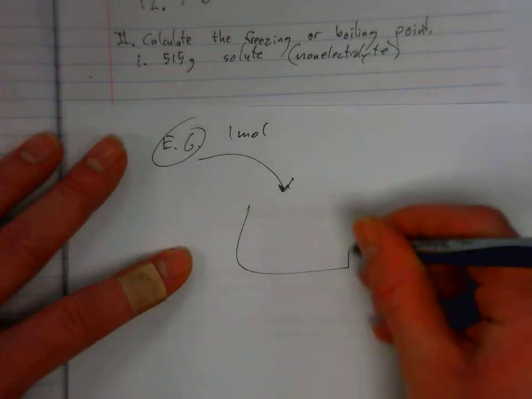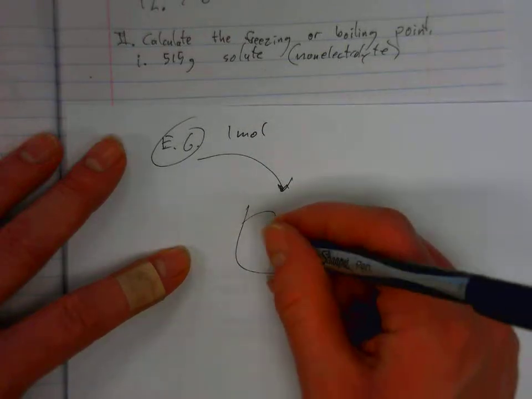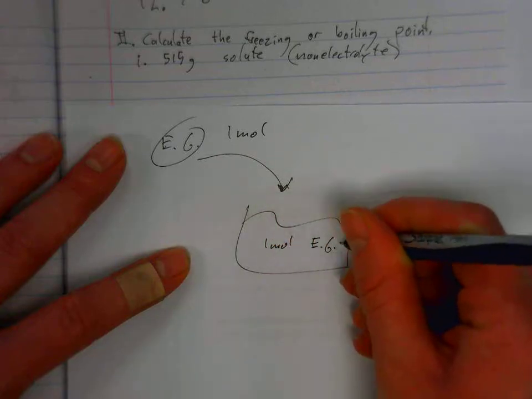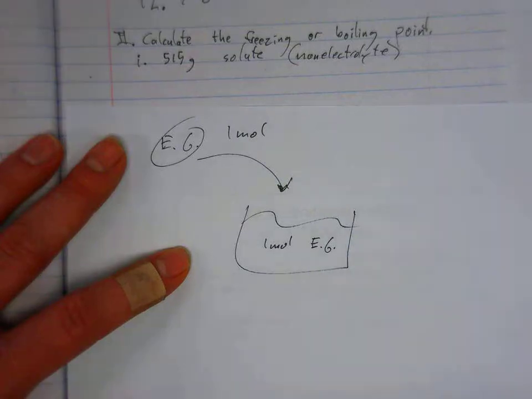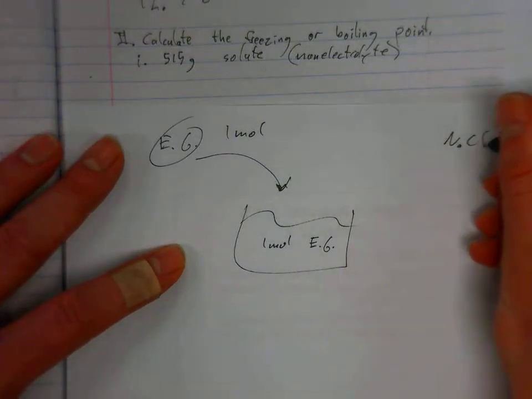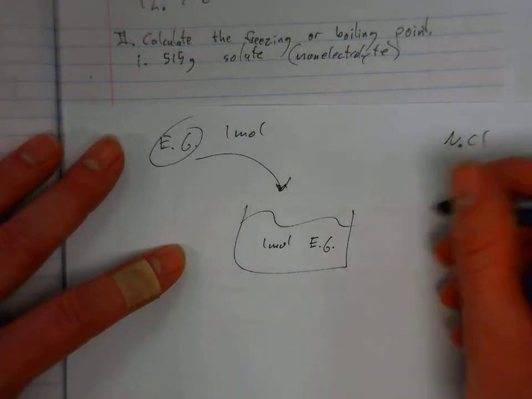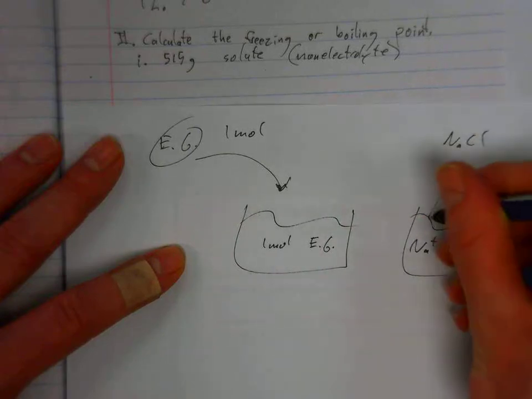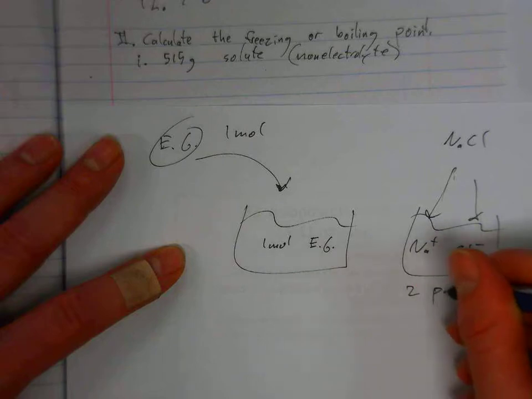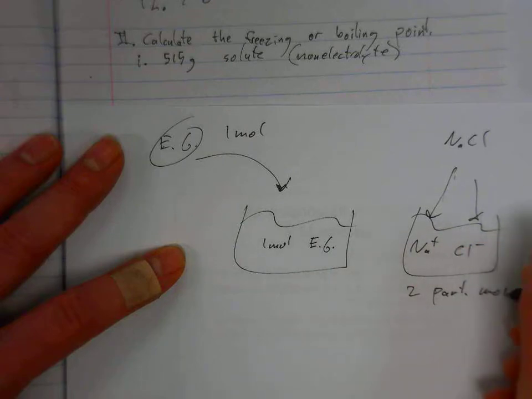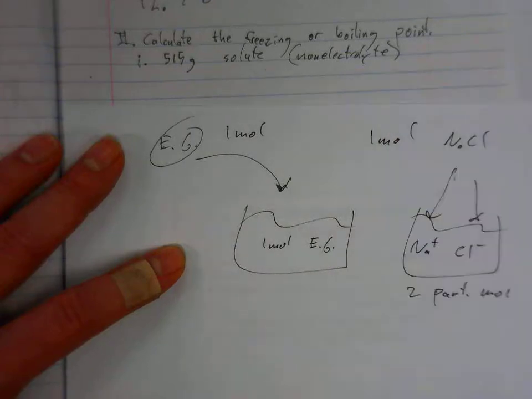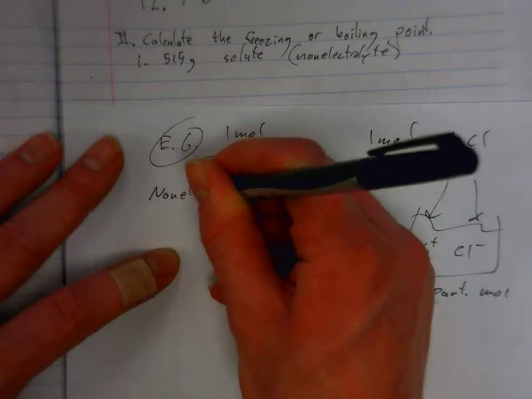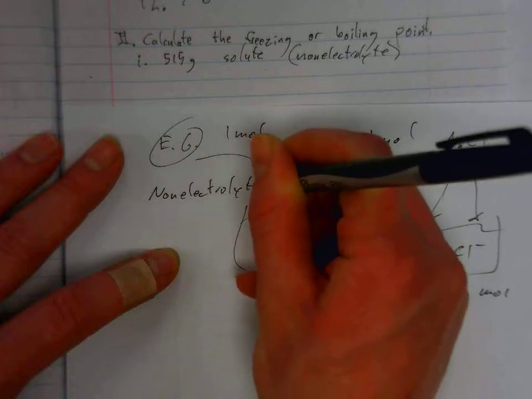That's in contrast with salt, which we saw would dissociate into its ions, and so we would split into 2 particle moles, starting from 1 mole. Since it's a non-electrolyte, it does not dissociate, and that makes some things easier.